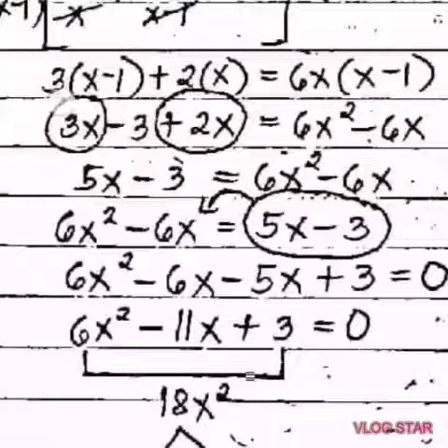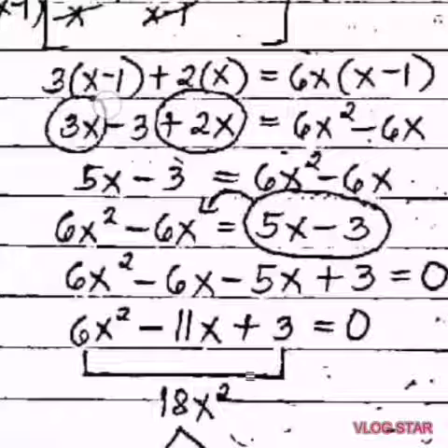Okay, so distribute 3 to x minus 1. So 3 times x is 3x, 3 times negative 1 is negative 3, 2 times x is 2x, equals 6x times x is 6x squared, 6x times negative 1 is negative 6x. Combining the like terms, we have 3x plus 2x equals 5x.